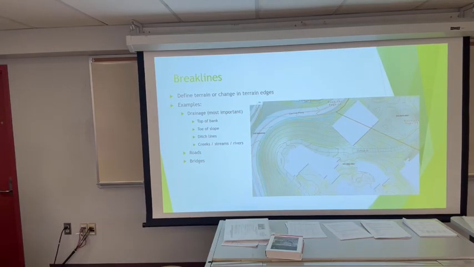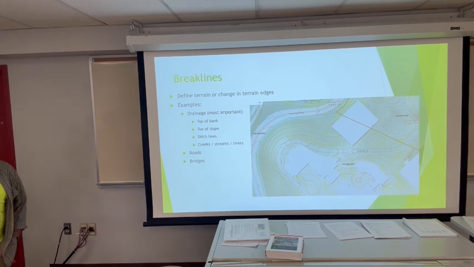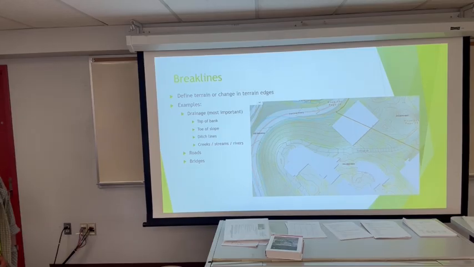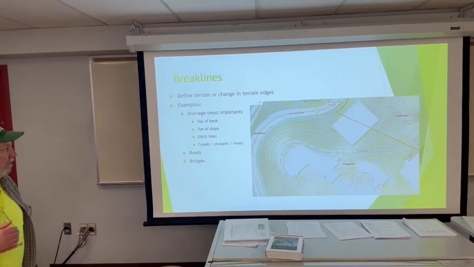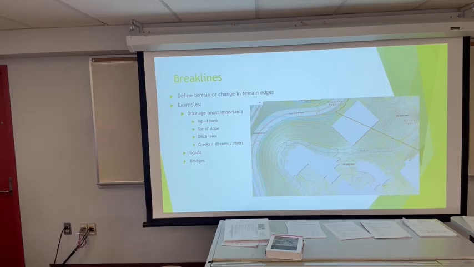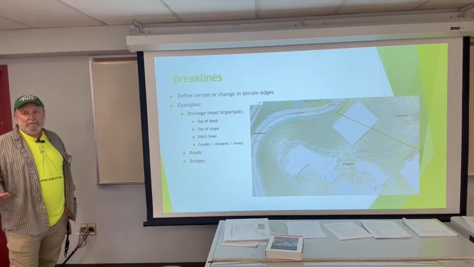Break lines define the terrain or changes in terrain edges. So, for example, drainage in general, again, that's the most important. Engineers want to know, where's the water going? Where's it flowing? The contractors, the construction workers building the sewers, where's that water supposed to be going?